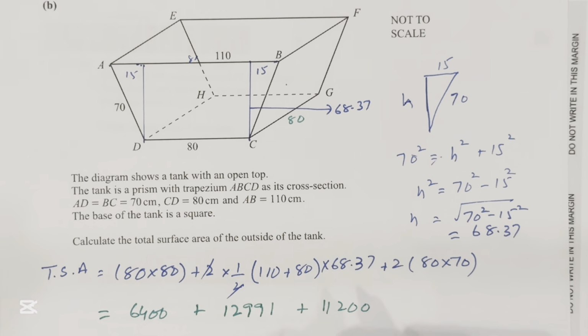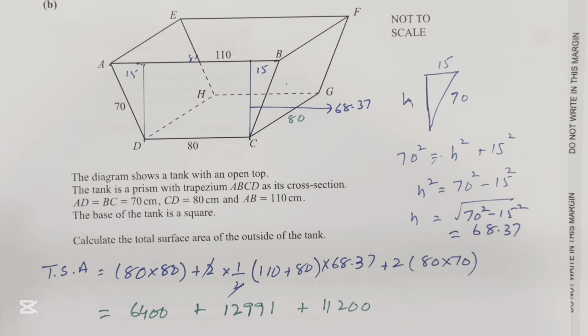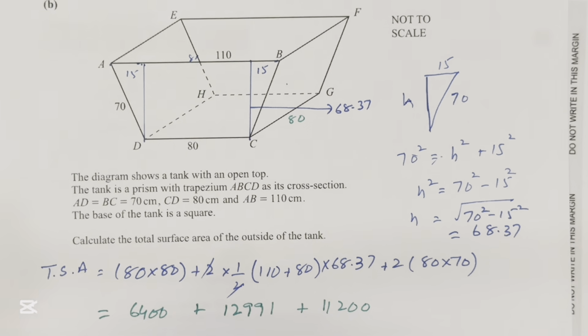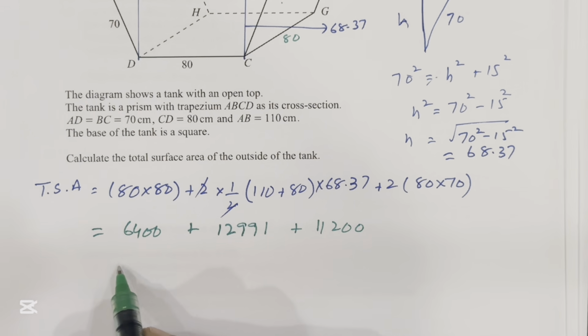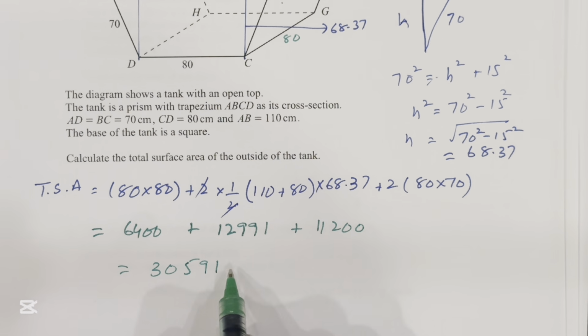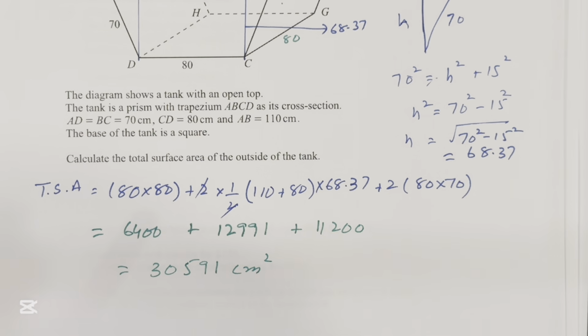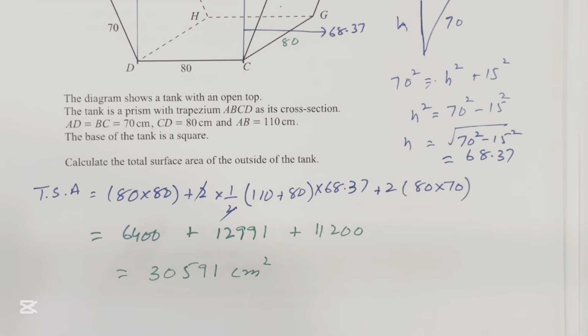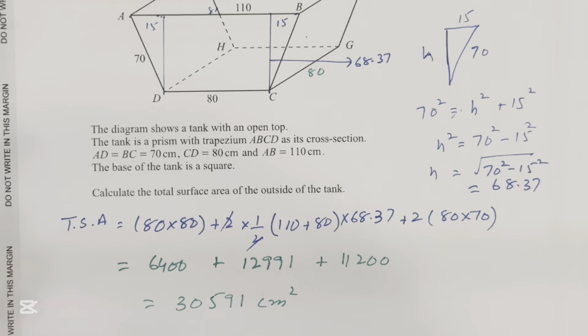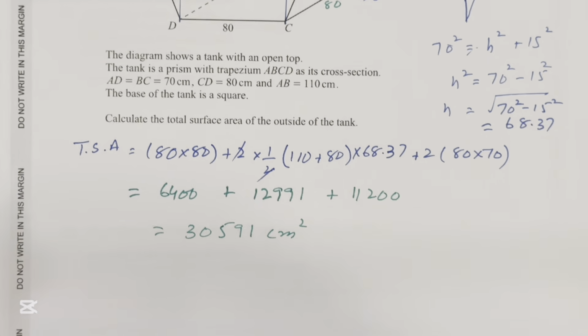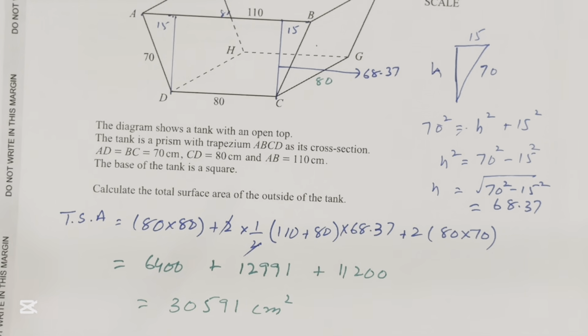Okay, now you can add those values, and this would be equal to 30591 centimeter square. So this was our final answer, 30,591 centimeter square. Okay, so this was a 5-mark question. I tried to solve it in a simplified way as much as I can.